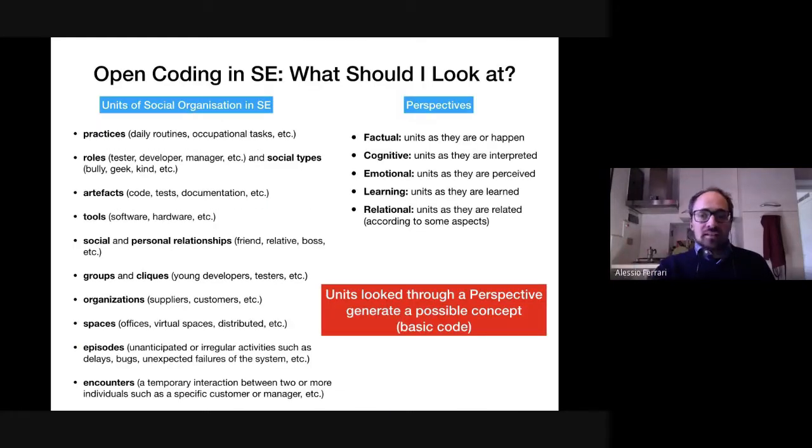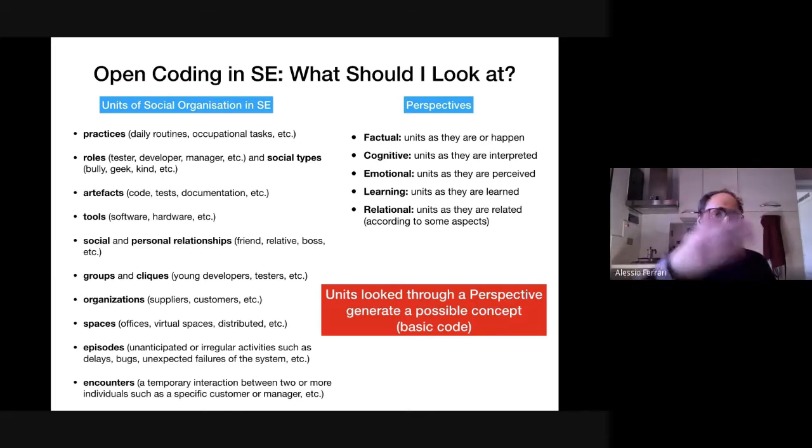What should I look at? This is just a list of things that you should look at. You should look at specific units of social organization, and by looking at them from a certain perspective, you can realize different analytic codes. Different analytic codes here are mostly related to the type of analytic perspective we are putting on it.